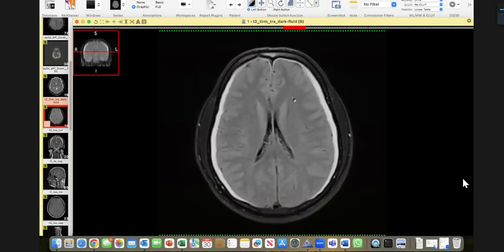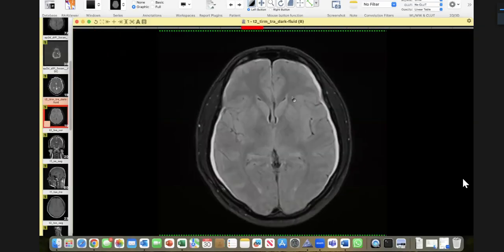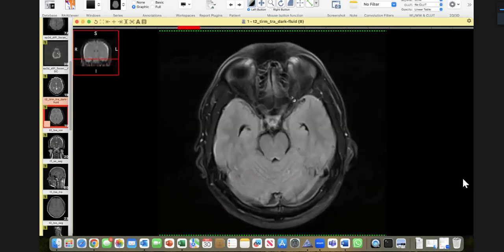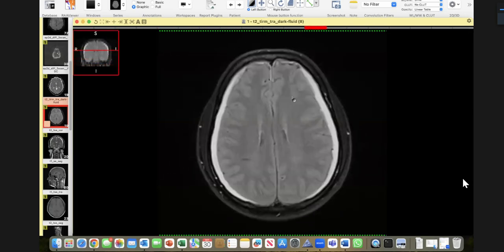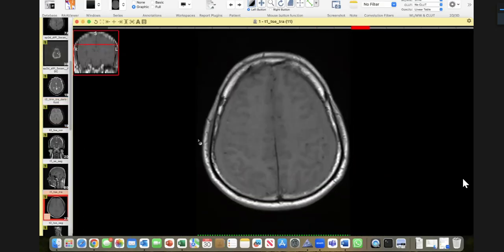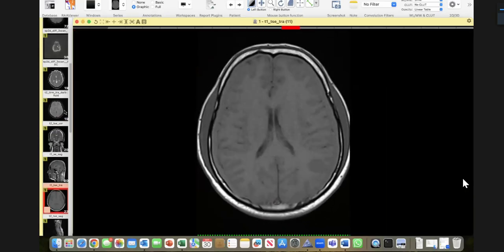And because of this, you convinced yourself that these are subdural hematomas. Please remember, even hygromas on a T1 weighted sequence can be high signal because of proteinaceous content. But in this particular case, this was it.